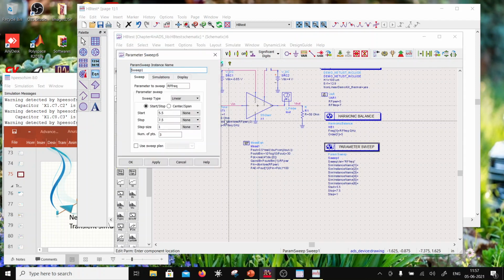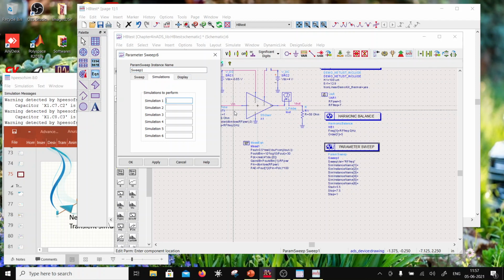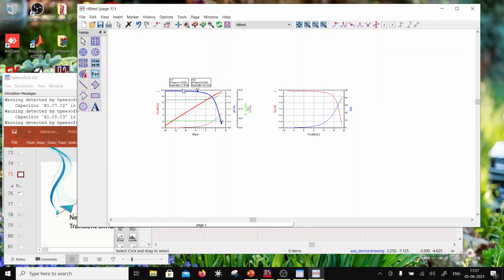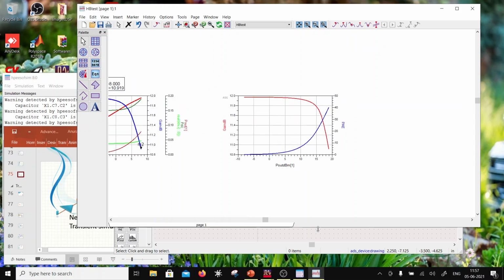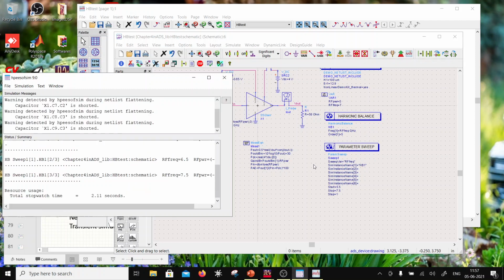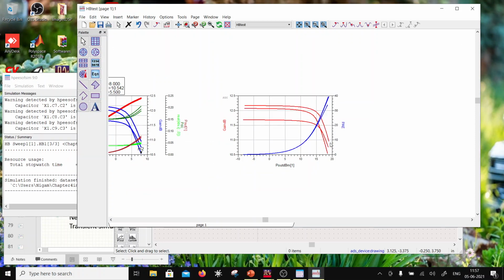Okay, and the inner simulation is in HB1, which is the power sweep. So it will do the power sweep 3 times for 3 different frequencies, right? So instead of 1 curve, you will see 3 curves over here. So I'm going to hit simulate. Okay, so now you see 3 curves for PAE and 3 curves for your output power.